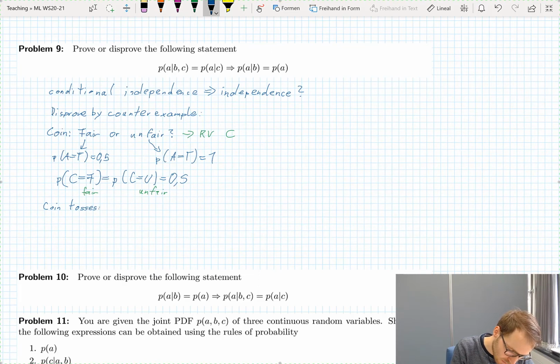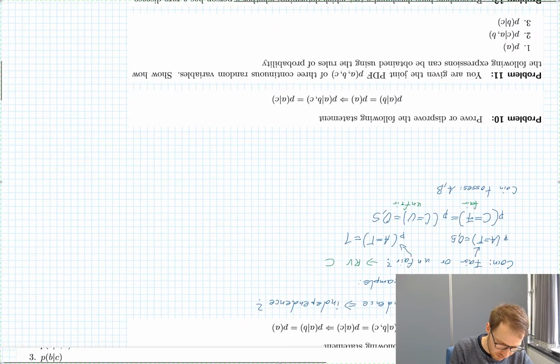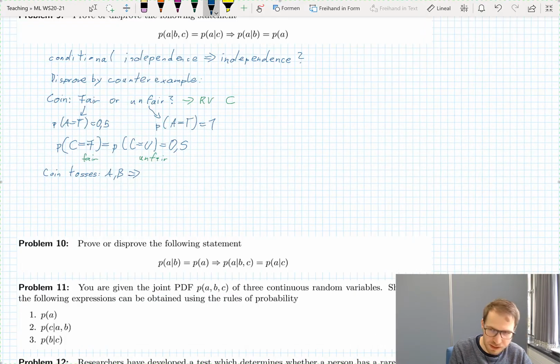Coin tosses. Two coin tosses, A and B. Coin tosses are independent. That's a basic property of coin tosses.